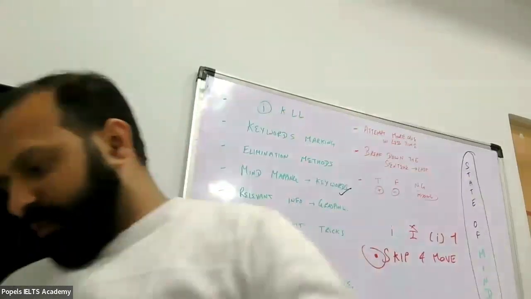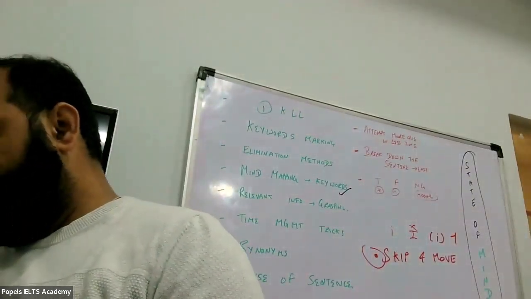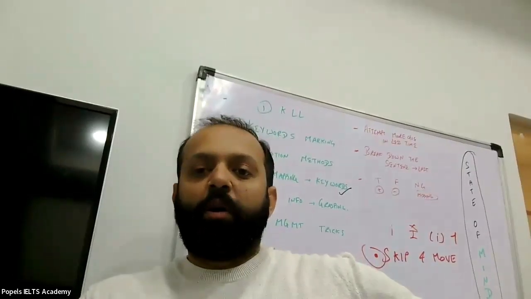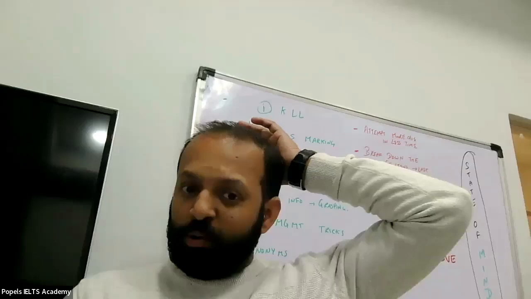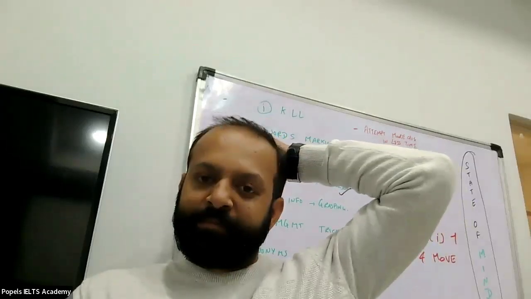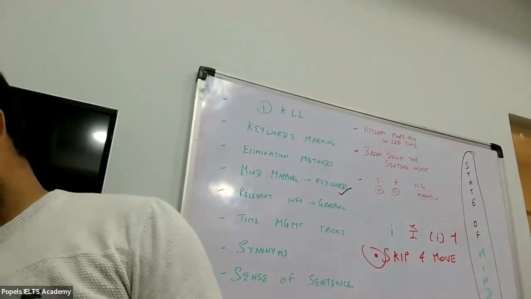Now, out of these 15 questions, Raj, how much do you expect? How many answers should be right? I want 13, the expectation versus reality. 13. Meenal?